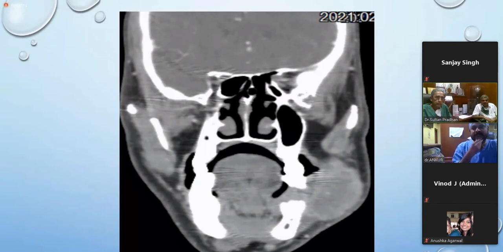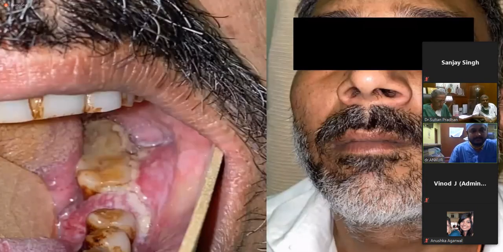Sir, biopsy is moderately differentiated squamous cell carcinoma. Then what will you do now? Sir, I would like to confirm my diagnosis by biopsy. After the biopsy, I would like to stage the disease by CT scan and ultrasonography for neck lymphadenopathy.